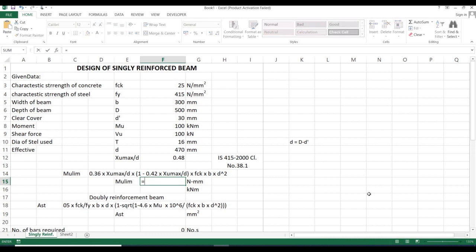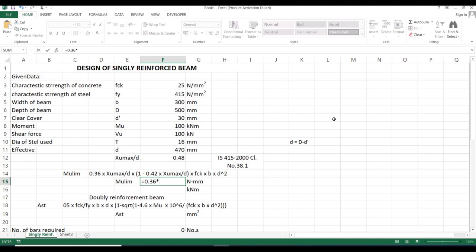So first, equal to sign, Mu limiting. How do we calculate? It is equal to 0.36 into Xu max by d.